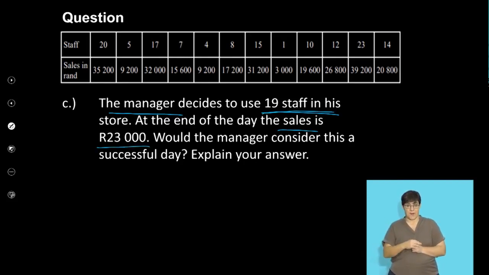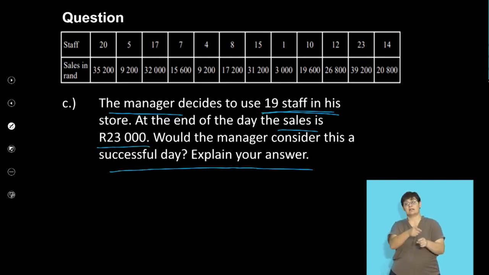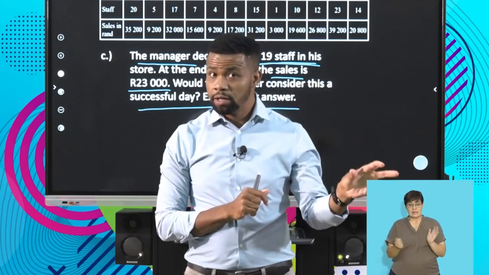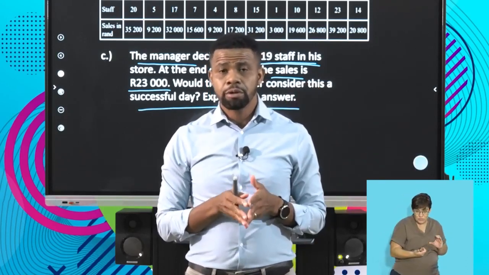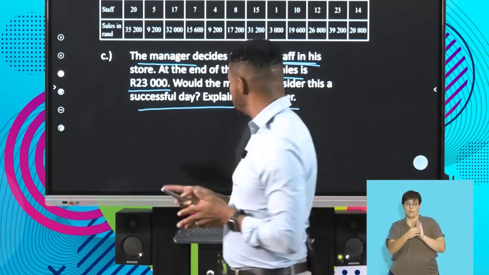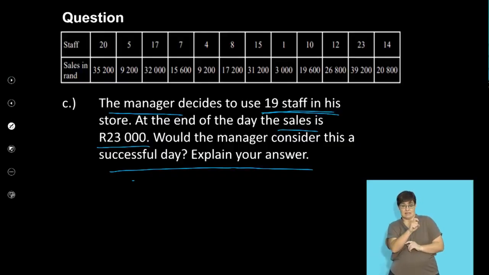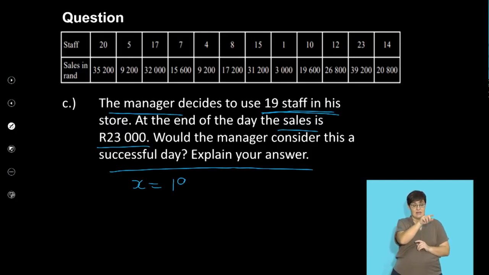Will the manager consider this a successful day? Explain the answer. So the manager uses 19 staff members, and he gets 23,000. Is that good? What we have to do is use our regression model with X as 19 and see what the Y value is.